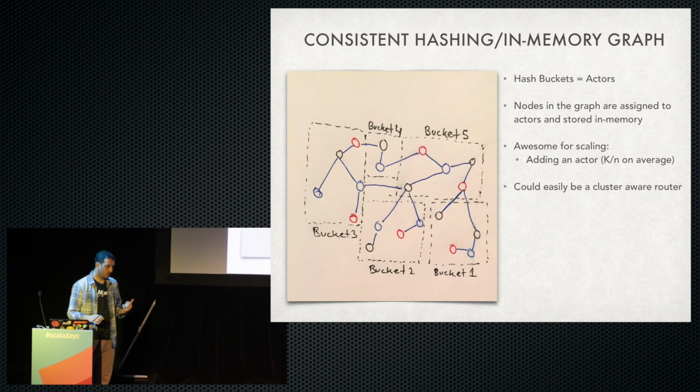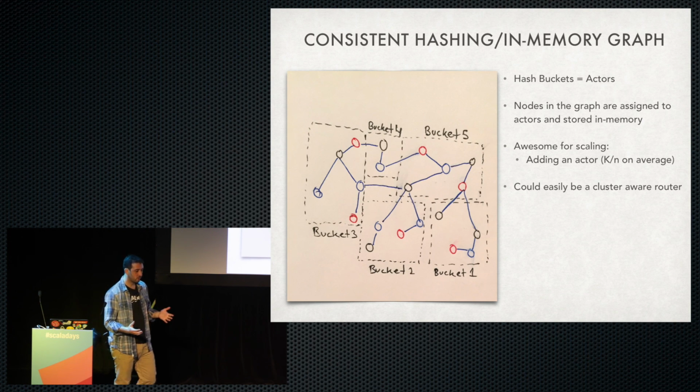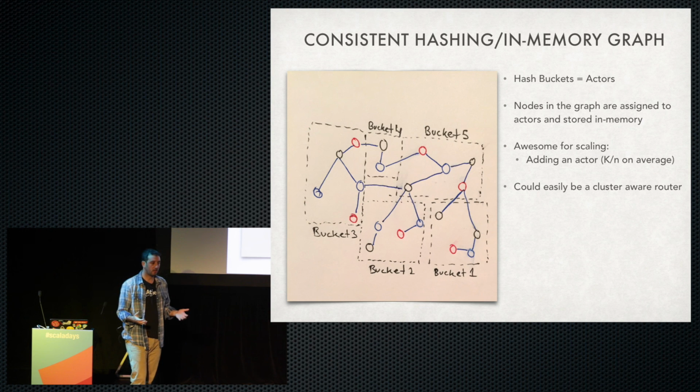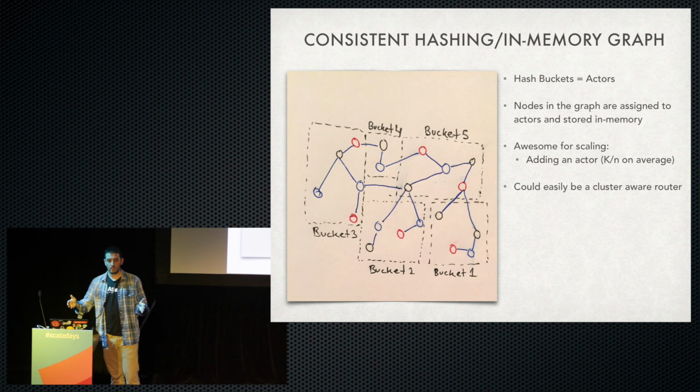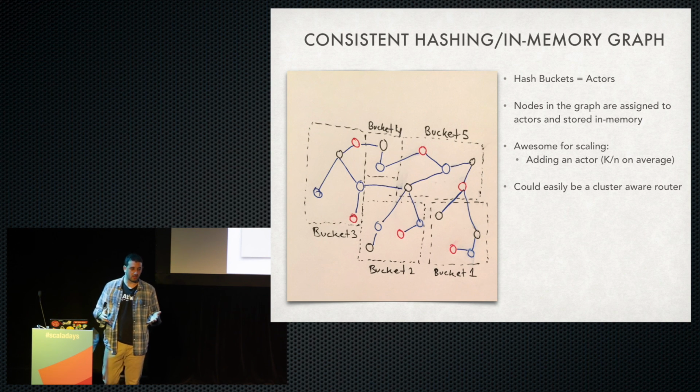Okay, so how do you actually make it reasonable to store a graph in memory? You can't obviously fit it in one machine if you have a lot of data. And if you consistently just loaded the same data again and again, you had to partition it in some way. Well, luckily, Akka pulls through because it has a consistent hashing router.